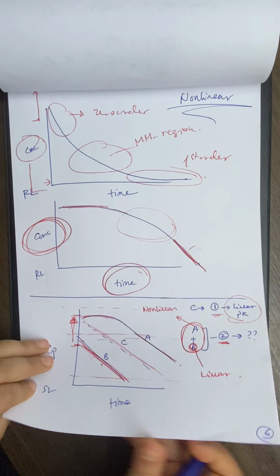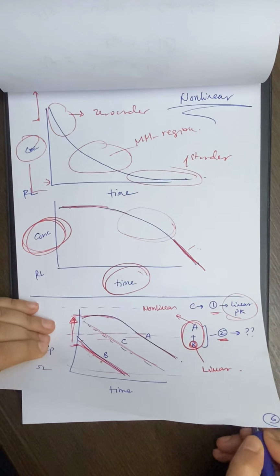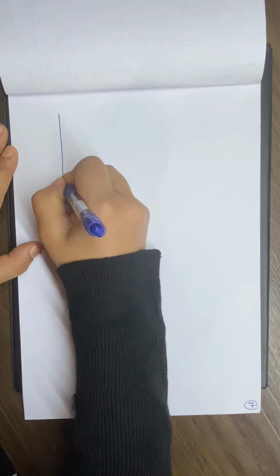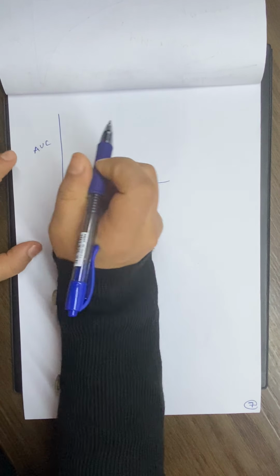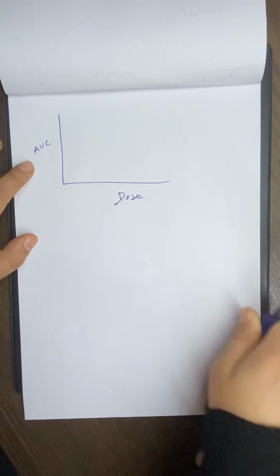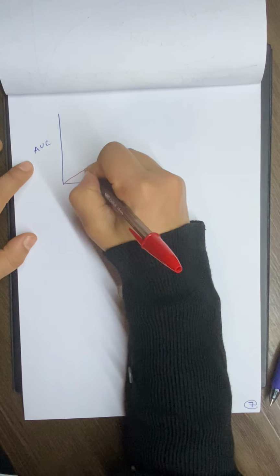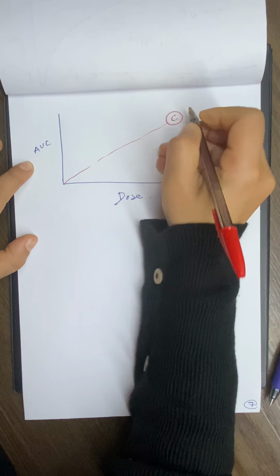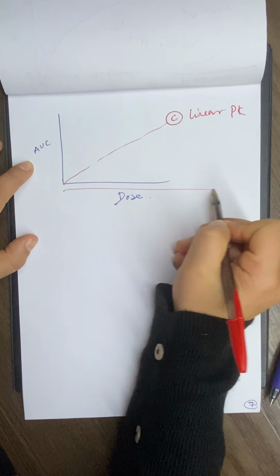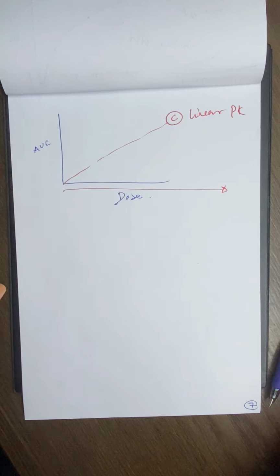And the same thing applies for the area under the curve, as I mentioned earlier, and for steady state concentration versus dose of the drug. If you have a drug with linear kinetic, whatever the increase in the dose, the drug is still behaving as linear because it's proportional.